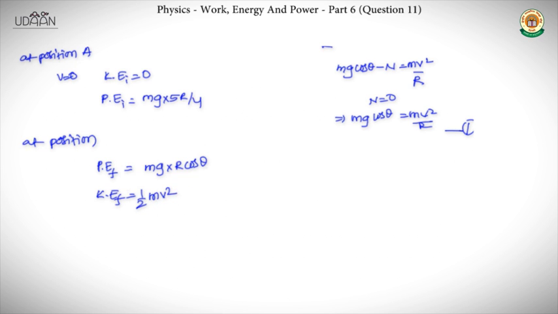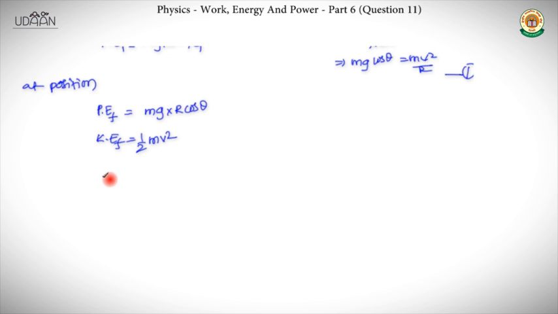According to conservation of energy, the sum of initial energies is equal to the sum of final energies, that is 5 by 4 mgr is equal to half mv square plus mg r cos theta. And from equation 1, mv square by r is equal to mg cos theta, so mv square is equal to mgr cos theta.